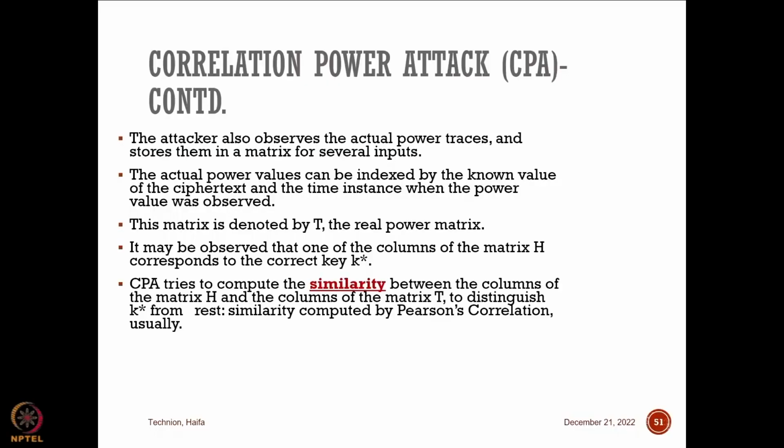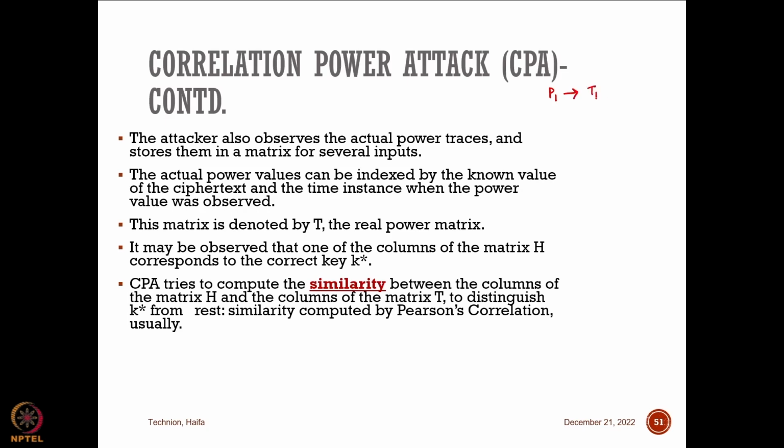Now, as I said, we will also observe the actual power traces. The power traces are also accumulated and stored in the form of a matrix. What I mean is this: suppose I do 1000 encryptions, which means I feed my plaintext 1, I get a cipher, and I also get the corresponding trace.